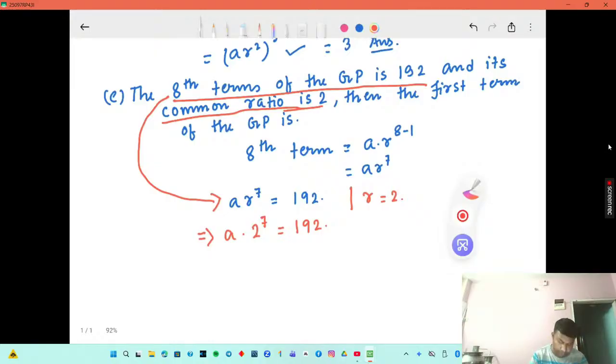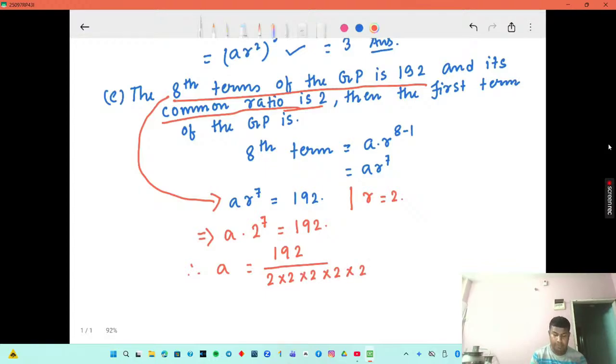Therefore a is equal to 192 divided by 2 into 2 into 2 into 2 into 2, we write 2 seven times, and find the value of a.